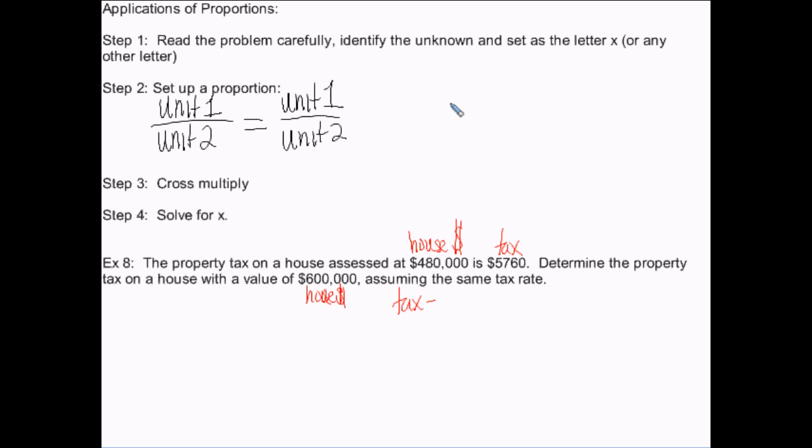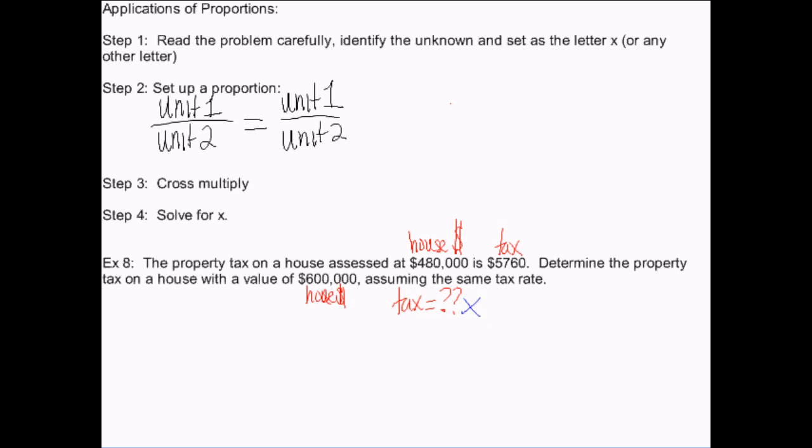And so we are trying to find out that tax. Okay, so we know the two house values and we know the tax on one house. We want to find the tax on the other, but we don't know the rate. So you put the X within the passive. So you can call this X, you can call it T, you can call it whatever letter you want.